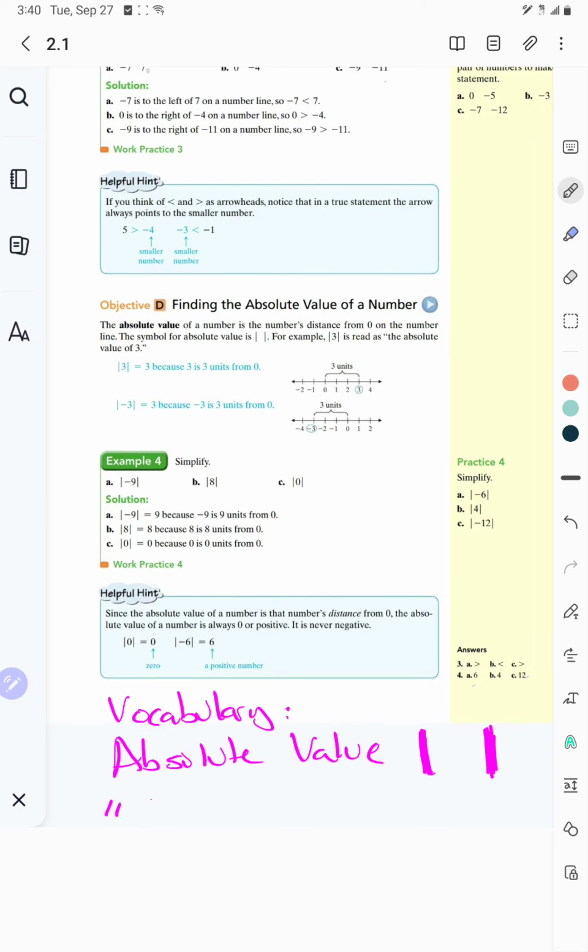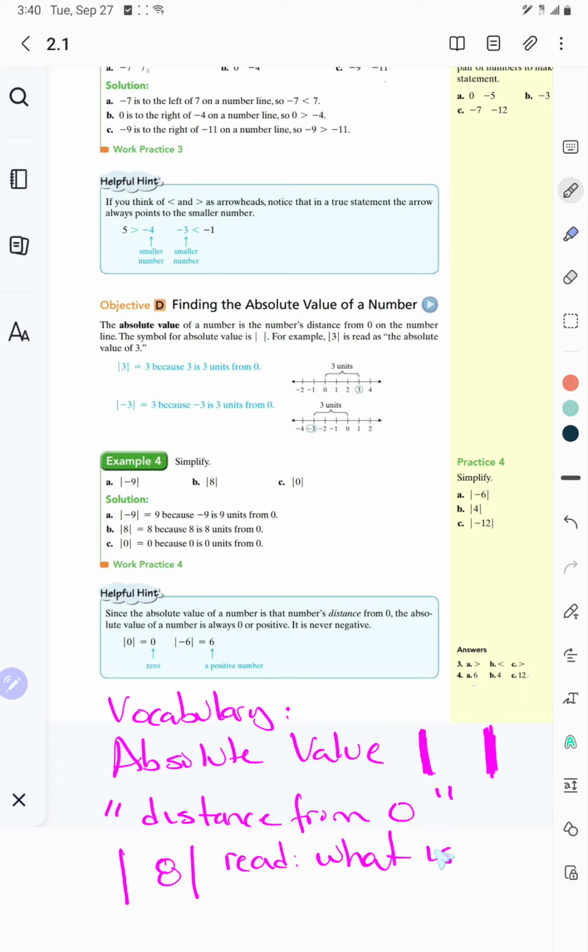Absolute value is distance from 0. So when you see something like this, it reads, what is the absolute value of 8?